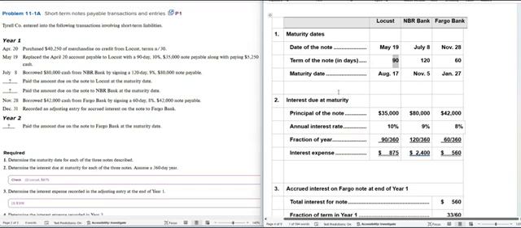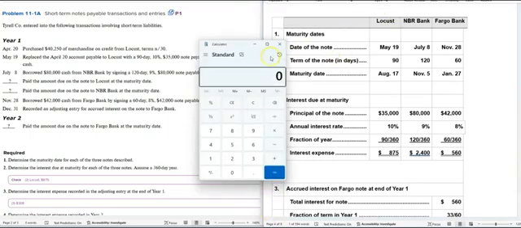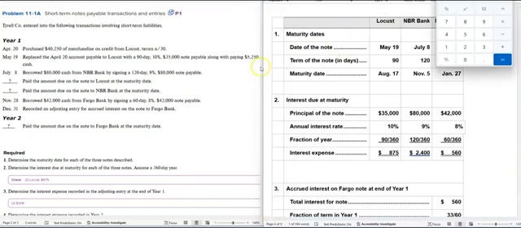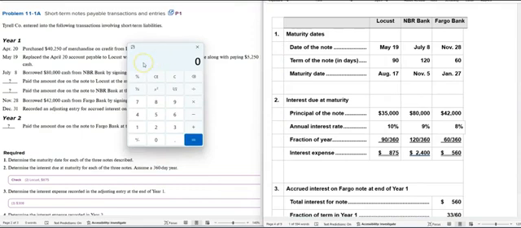Okay. So the easy way to do it is just to start thinking about how many days are in that current month. So in May, there are 31 days in May. So if I subtract 31 minus the date that the note was issued, 19, it tells me that 12 days on this note will pass during the month of May.